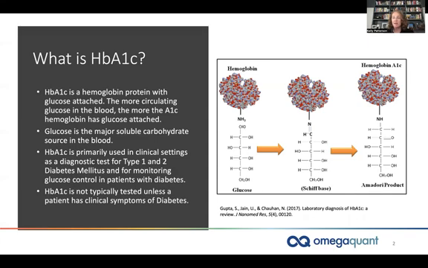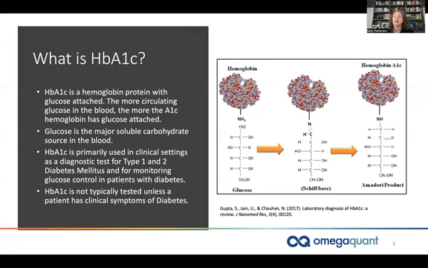And the hemoglobin A1C test, which measures this hemoglobin A1C protein and how much of it has glucose attached, is primarily used in clinical settings as a diagnostic test and monitoring test for type 1 and type 2 diabetes. So for monitoring control of patients with diabetes.